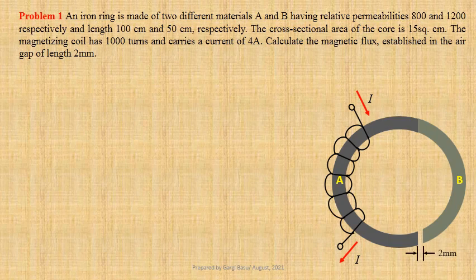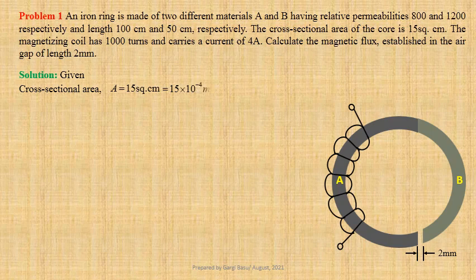Let us first write down the given data. Cross-sectional area A equals 15 square centimeters, that is equal to 15 into 10 to the power minus 4 meter square. For material A, given length of the magnetic path LA equals 100 centimeters, that is equal to 1 meter.